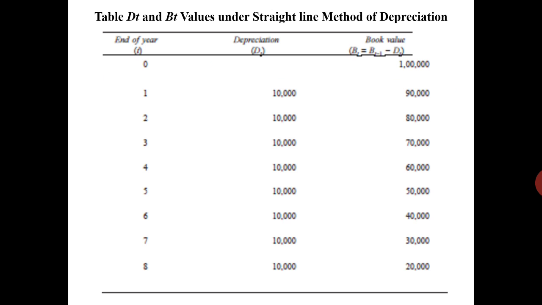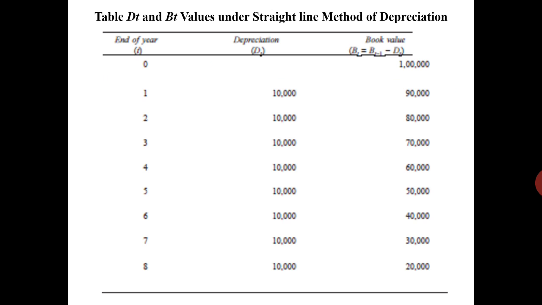The first column is the number of years of the equipment, 0, 1, 2, 3, 4 up to 8, and the second column is the depreciation amount. In the straight line method, the depreciation amount is the same in all years. In this problem, the first year depreciation amount is 10,000, second year also 10,000, up to the 8th year the depreciation amount is 10,000.